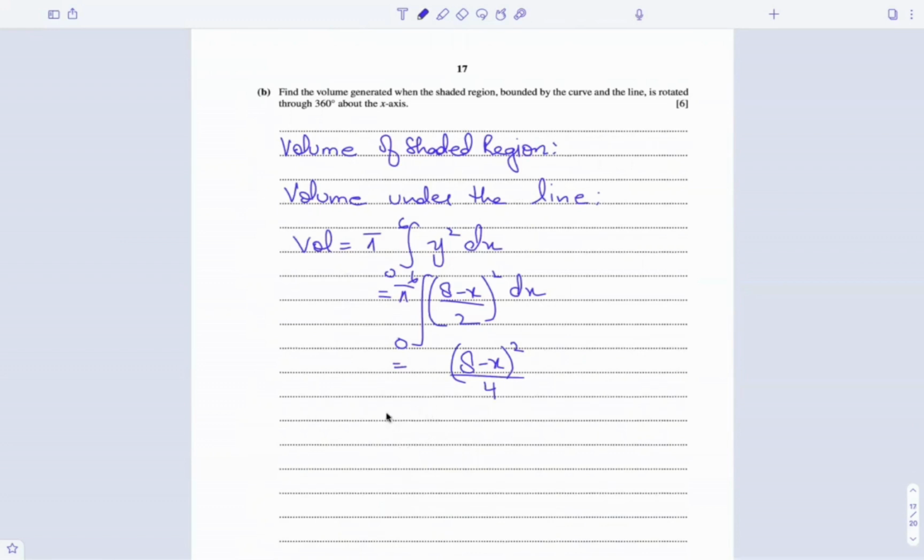Integrating this, we get 8 minus x to the power 3 divided by 4. We multiply by the new power, which is 3, and the derivative of the function 8 minus x, which is minus 1. So we get 8 minus x whole cube upon minus 12. Now we substitute the limits, 6 and 0.